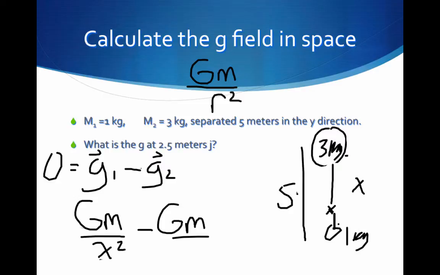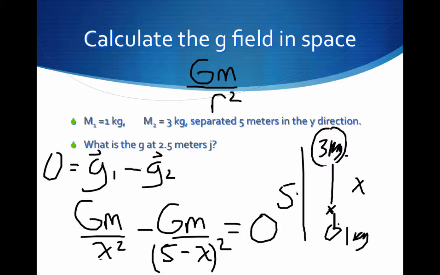Now the distance for mass 2 is a little trickier. You've got to do 5 minus x, and don't forget to square. Setting those two gravitational field strengths equal to 0, you should have enough information now to go ahead and solve for where that location is.